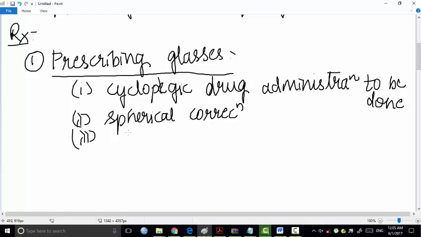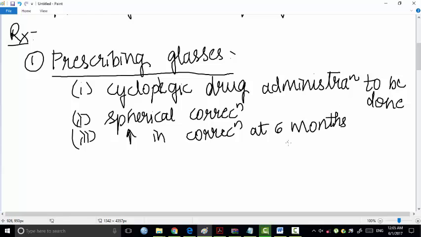If there is increase in correction at 6 months, then this is definitely a case of hypermetropia, right?